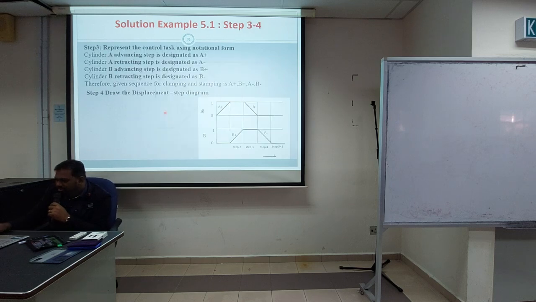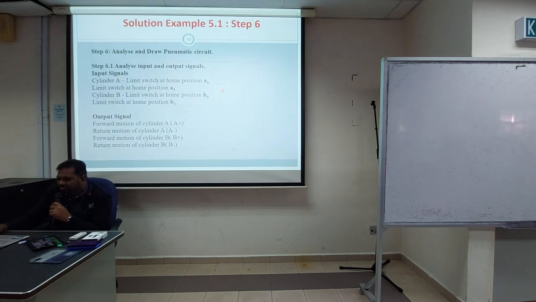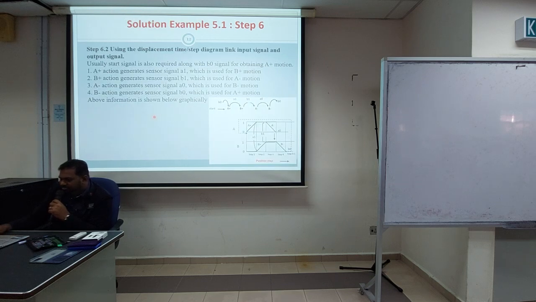Kalau tak ada tu, this is sufficient. Displacement step diagram. Then analyze the symbol, the sensors, the roller sensors. Then the output signals. Then you map in your motion diagram and also your displacement time diagram.